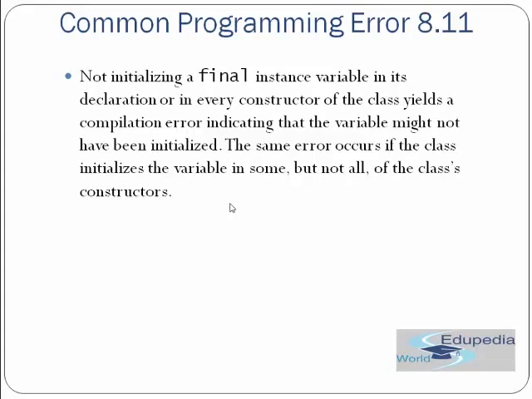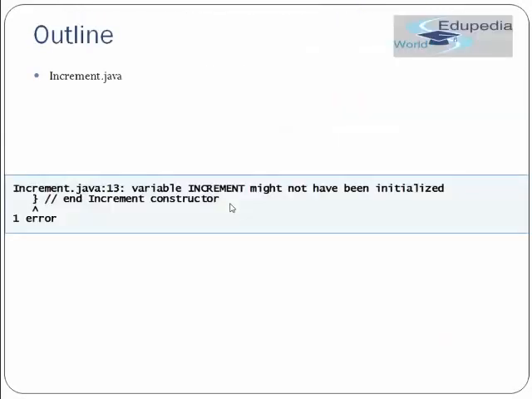So moving forward, over here you can see in our Increment.java, we have an Increment constructor. We have a line here and it says variable increment might not have been initialized, at the Increment constructor line.